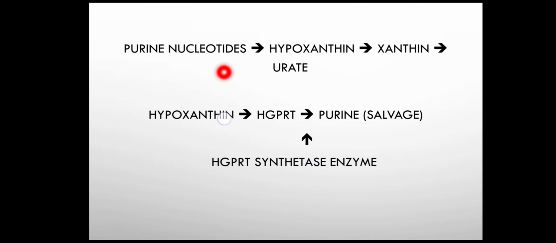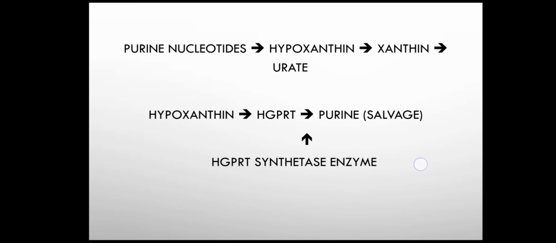The end product of purine nucleotides is urate. So purine nucleotides are converted into hypoxanthine, into xanthine, into urate. If purine nucleotide synthesis is increased, then urate will also increase.